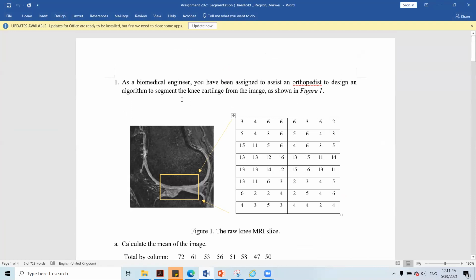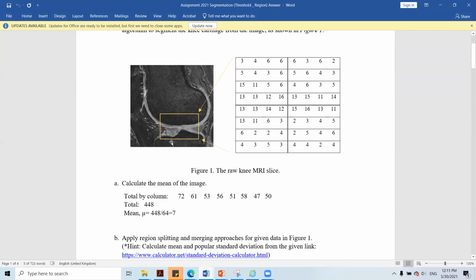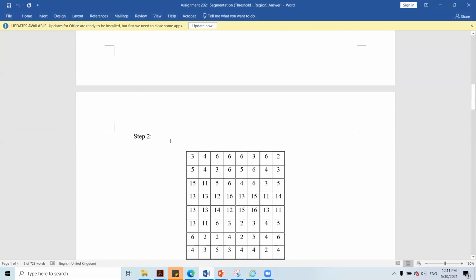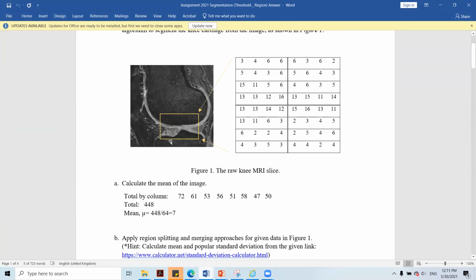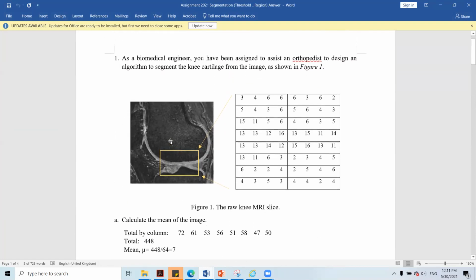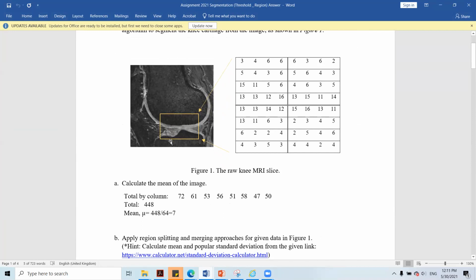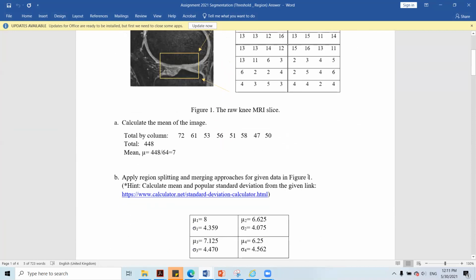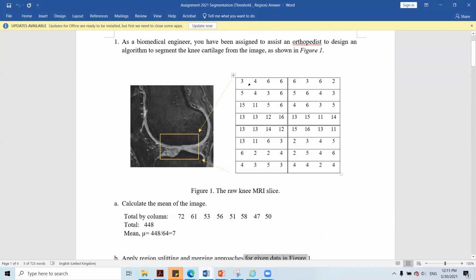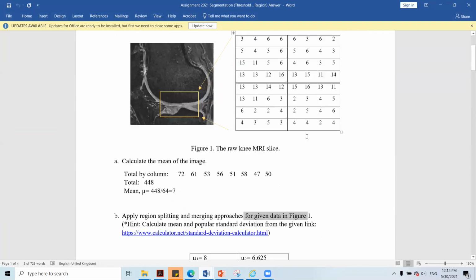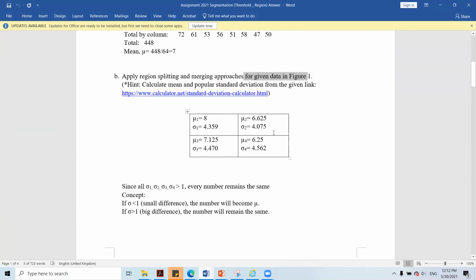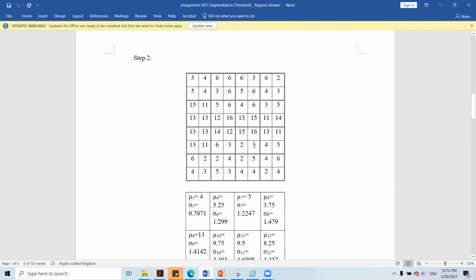This one, they ask you to do which one? Not this one. You need to calculate the split and merge. Firstly, you compute the whole thing, then you get more than the variance threshold, then you split. Then after that, you compute again until you split.